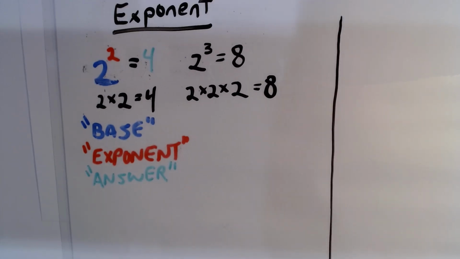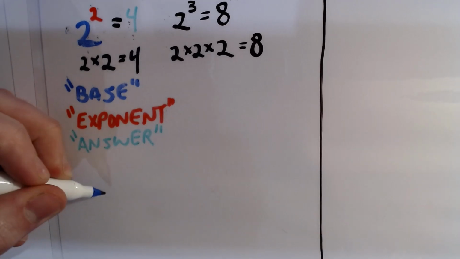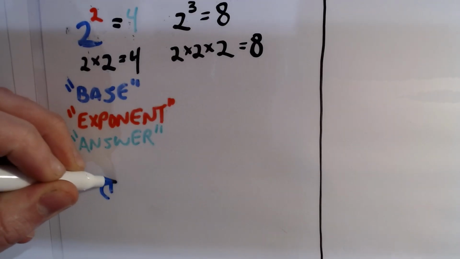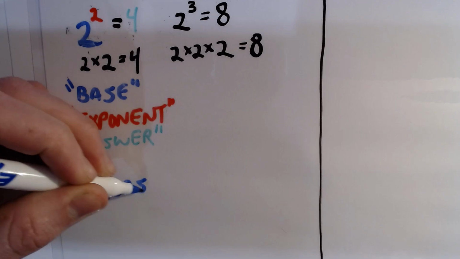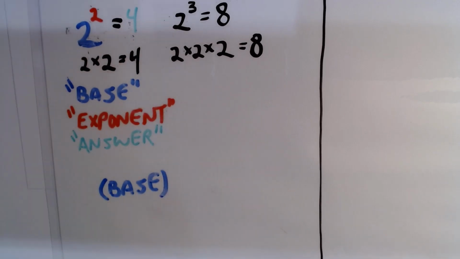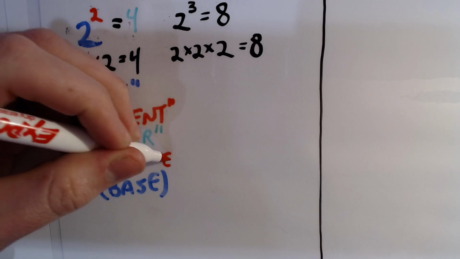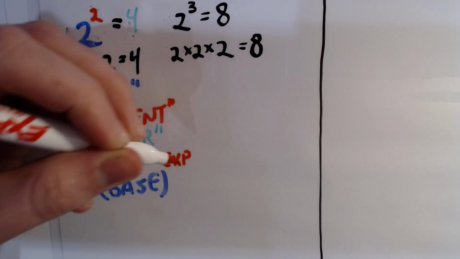So you have a base paired with an exponent, which gets you an answer. If I were to take this color coding and write this generically, that means we have a base raised to the power of an exponent.